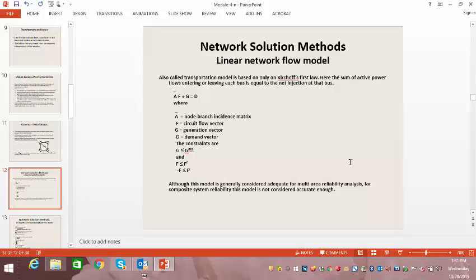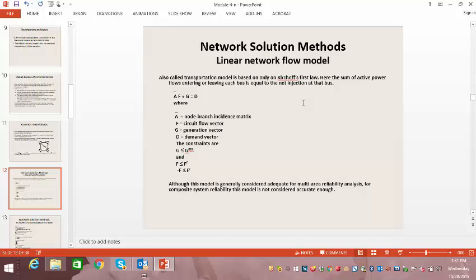One of the simplest network solution methods is what we call the linear network flow model, or also the transportation flow model. Here basically what you do is you try to see that Kirchhoff's first law is observed, which means that the flows into a node and out of the node are equal.